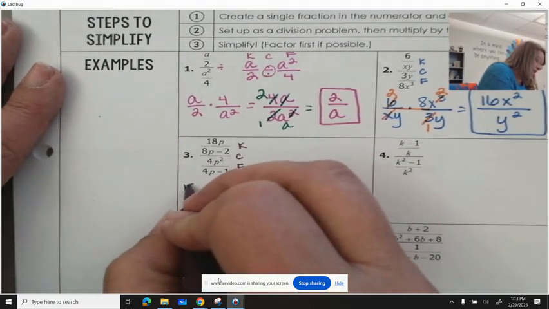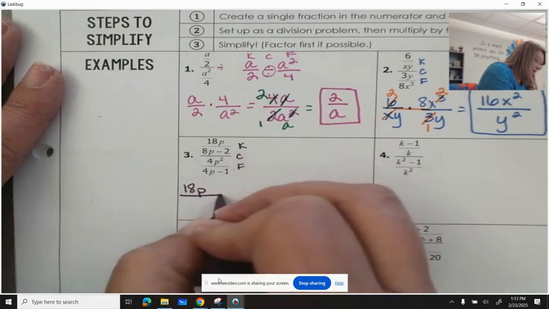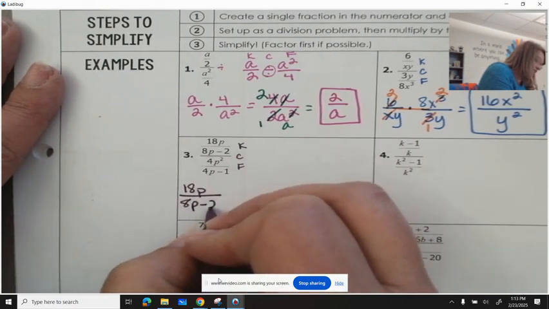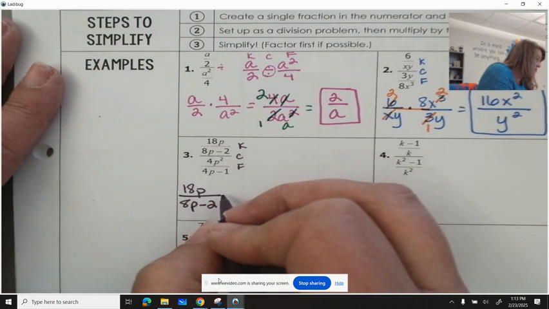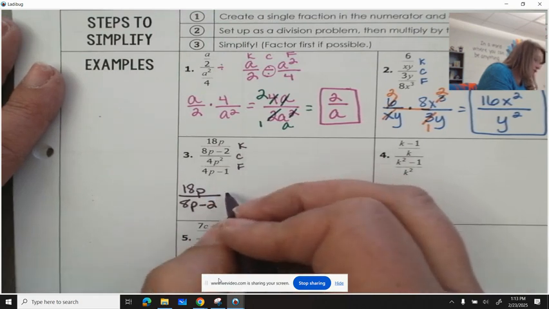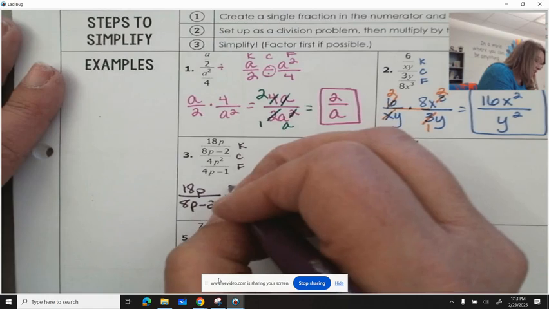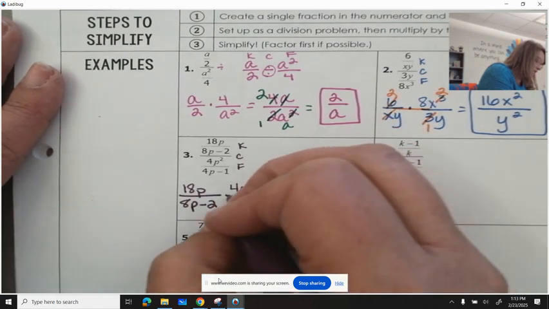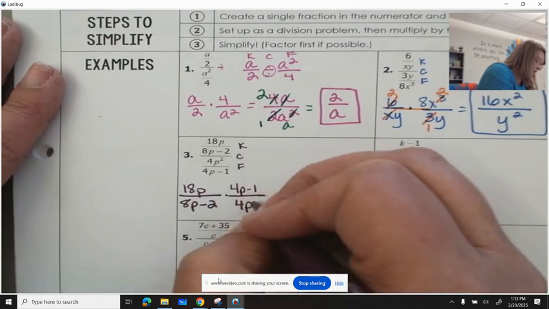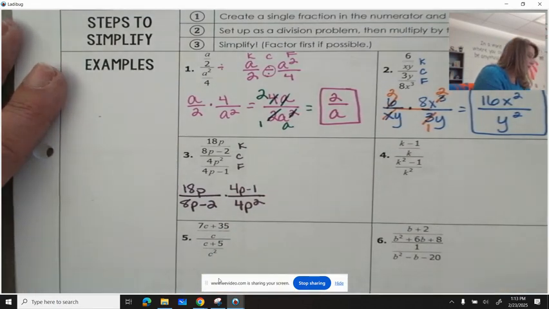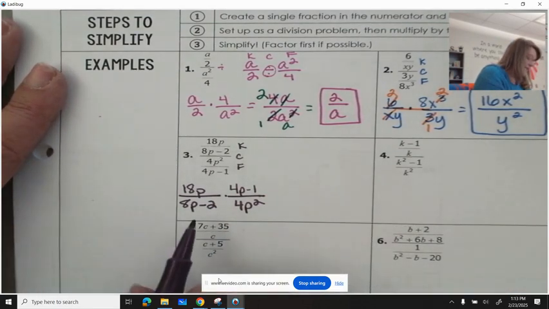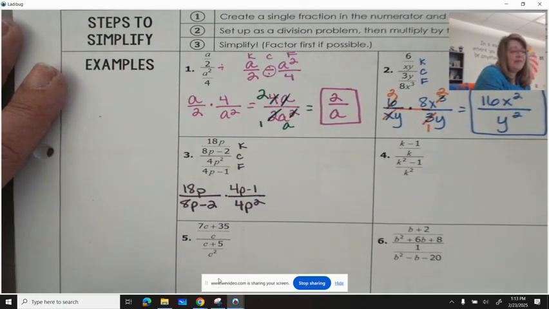So I'm going to take the 18p over 8p minus 2, and I'm going to change it from division to multiplication. And then I'm going to flip 4p minus 1 over 4p squared. Now, I think I see something that can be simplified a little bit here.